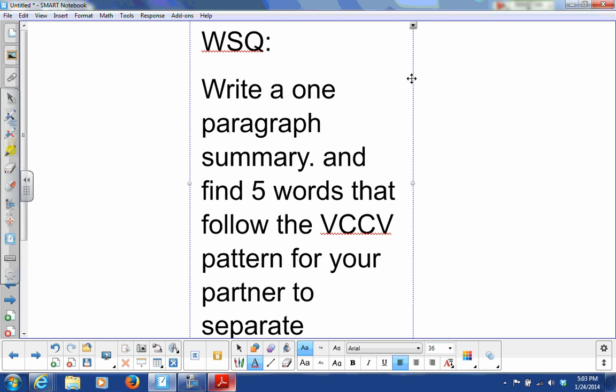Okay, so write a one-paragraph summary and find 5 words that follow the vowel, consonant, consonant, vowel pattern for your partner to separate.